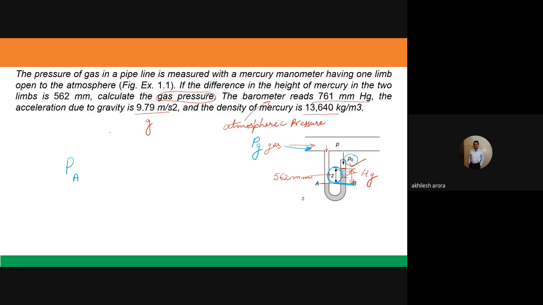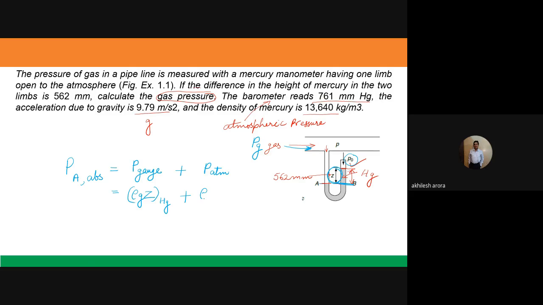So this PA is absolute pressure, which is equal to P gauge plus P atmospheric, and this P gauge was actually equal to rho g times Z. This P gauge is the Z value, plus P atmospheric.